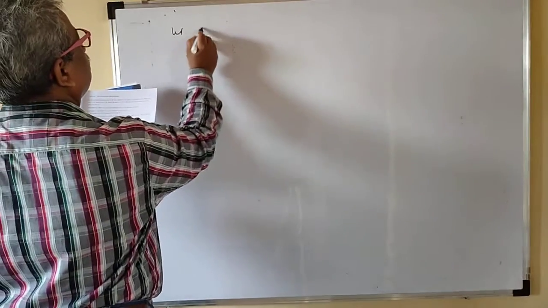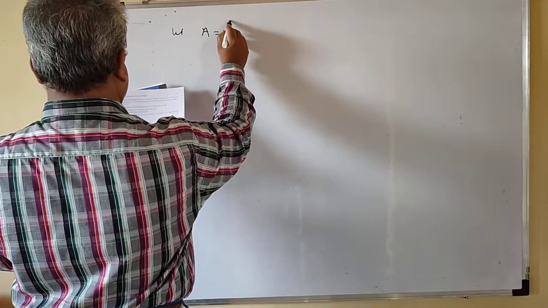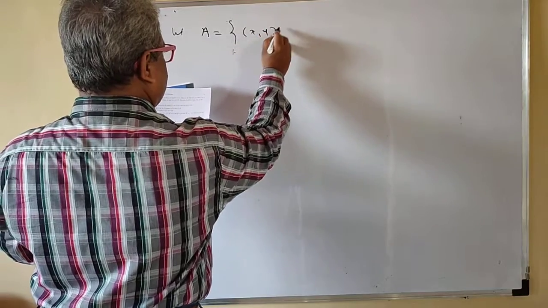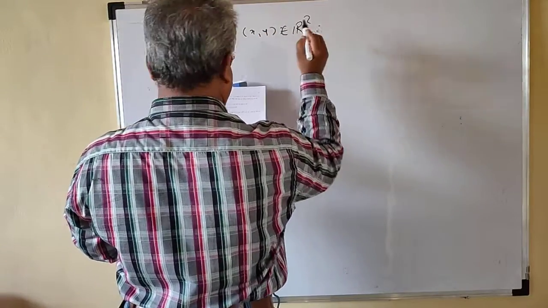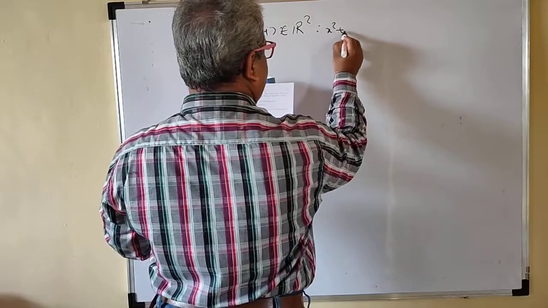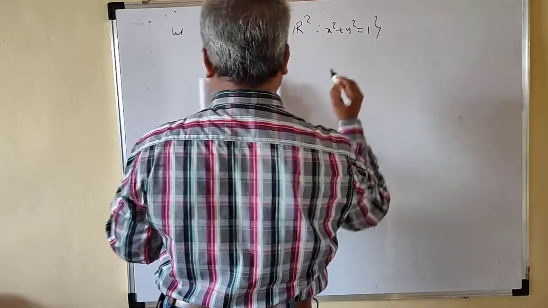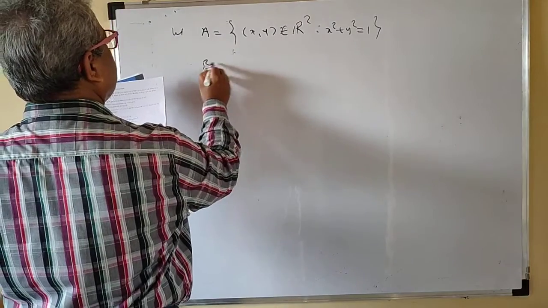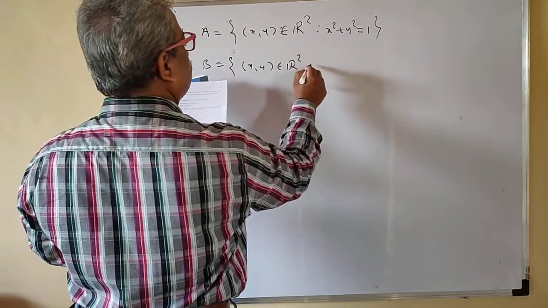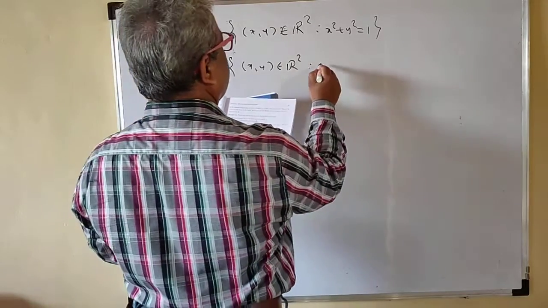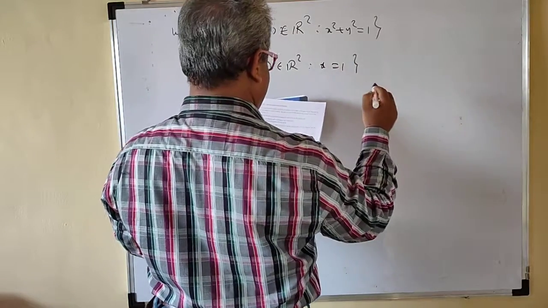Let A be the set of all xy belonging to R2 such that x square plus y square is equal to 1, and B is the set of all xy belonging to R2 such that x is equal to 1.